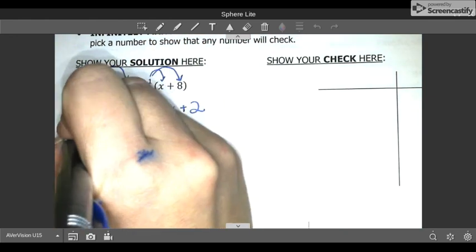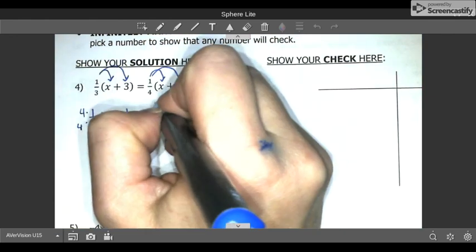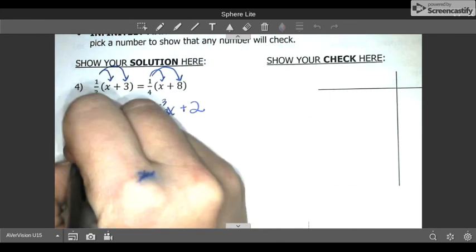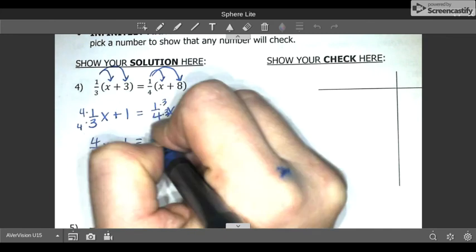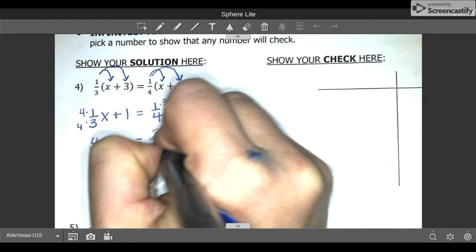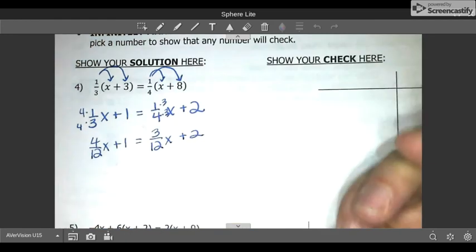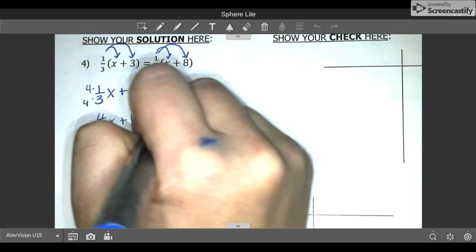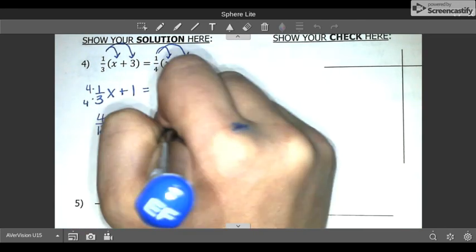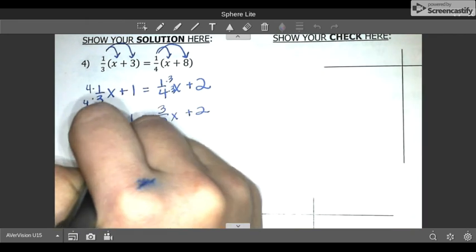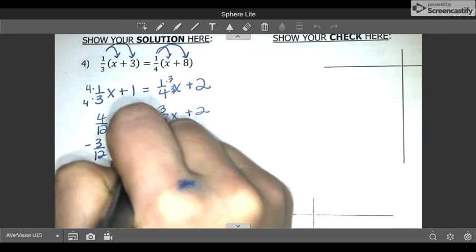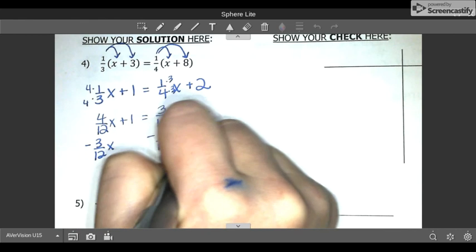So let's see, times 4, times 4, times 3, times 3. So this is really 4/12 x plus 1 equals 3/12 x plus 2. Is that cool? All right, I'm going to take away 3/12 x from both sides. So now I have 1/12 x plus 1 equals 2.